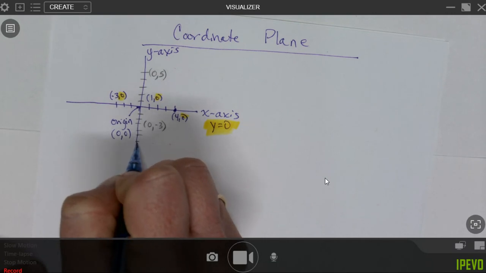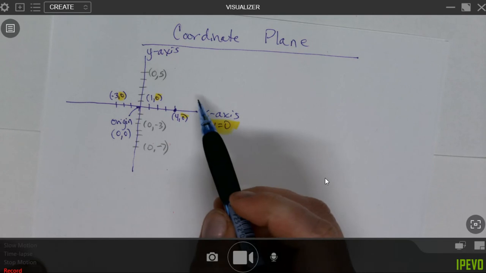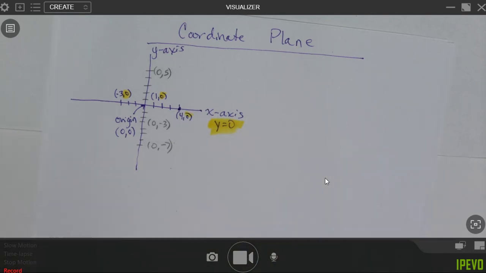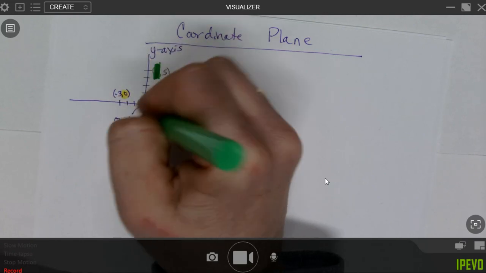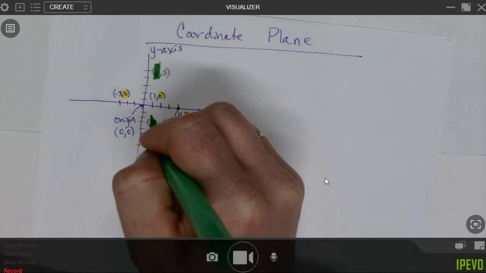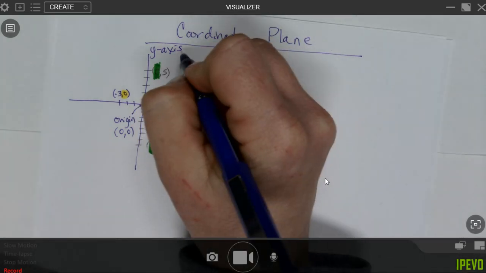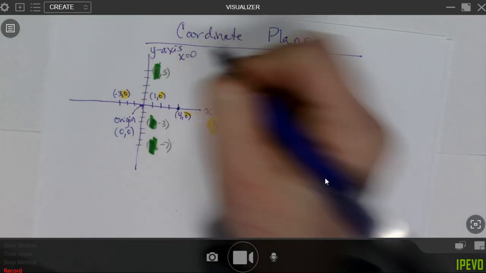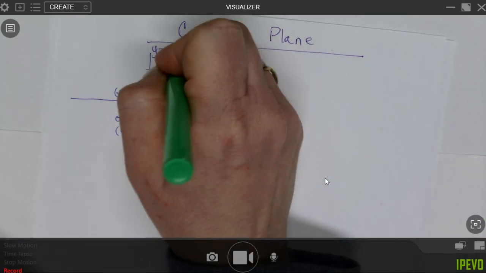If I keep going, 0, negative 7. In every case here, hopefully you notice, when we're on the y-axis, x equals 0. So if you're on the y-axis, x equals 0. If you're on the x-axis, y equals 0.